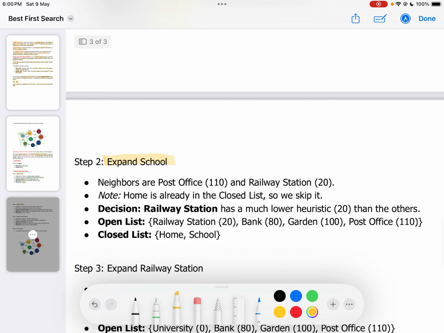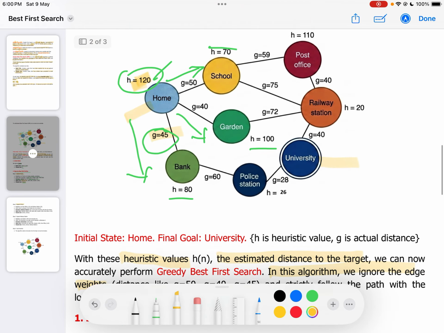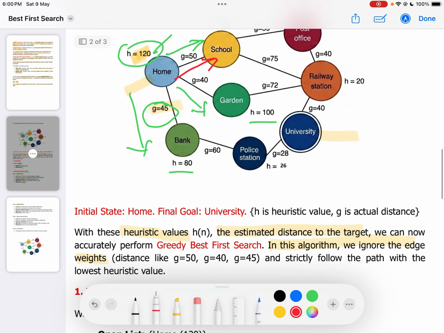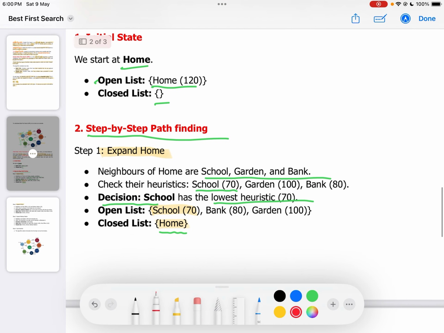Now expand school. This is the second step. It means we choose home to school in this best first search algorithm.